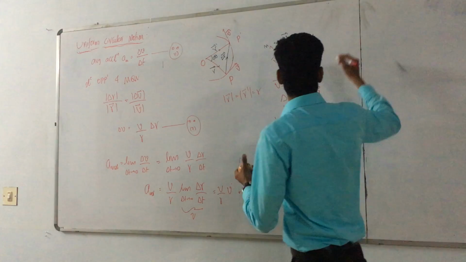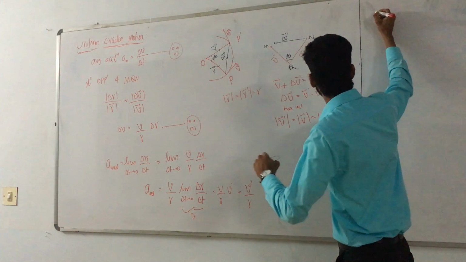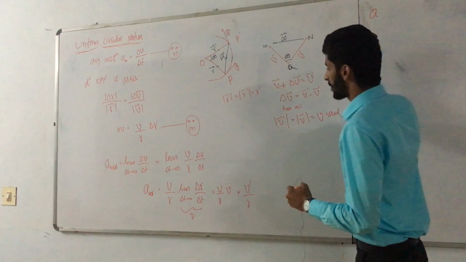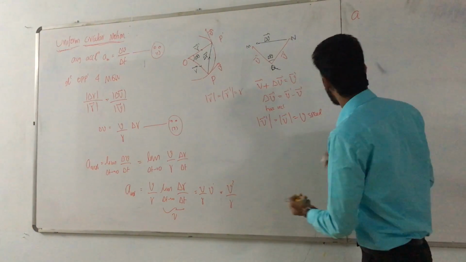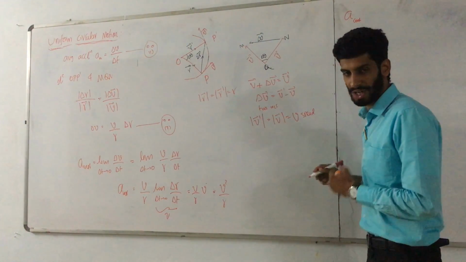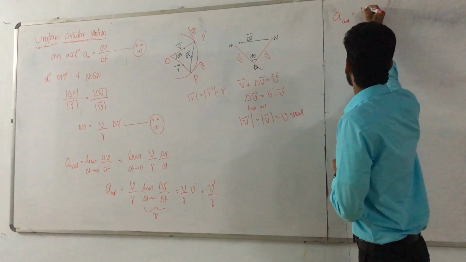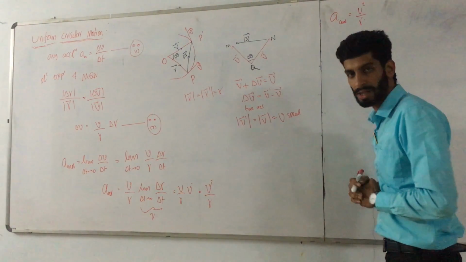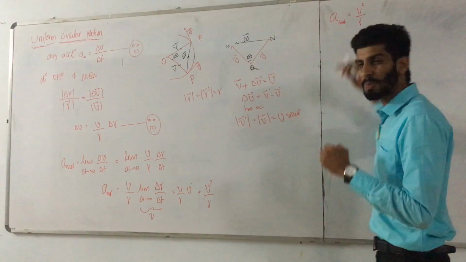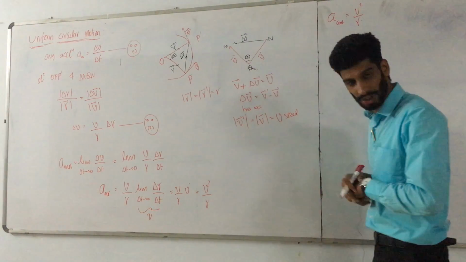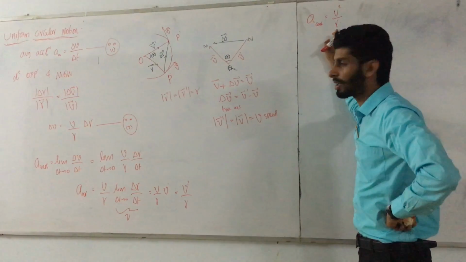So what I've got is the expression for centripetal acceleration, which is nothing but instantaneous acceleration, just derived. I'll talk about what centripetal acceleration is soon. It is equal to v squared by r, where v is the speed of the body moving in a circular path, and r is the radius of the circular path.